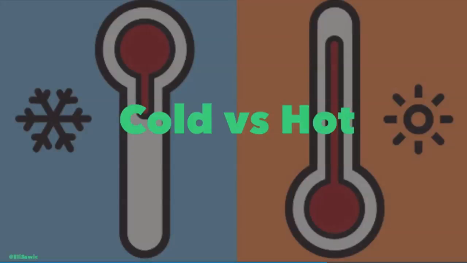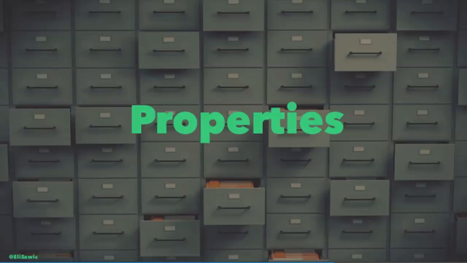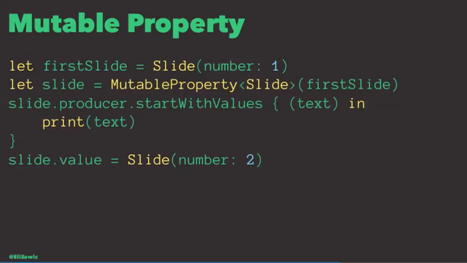So let's get to other mechanisms that are available in Reactive Cocoa. The next one is called a property, and a property is basically a container for our variables, and each time that it changes, if we are interested, it will let us know about the change.